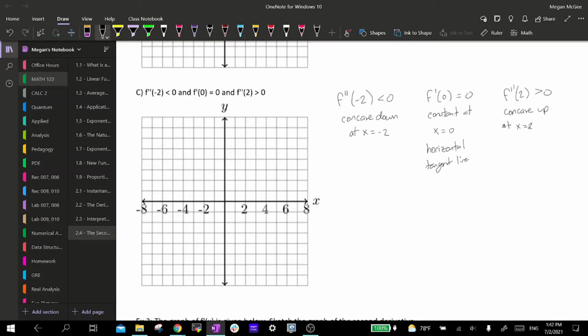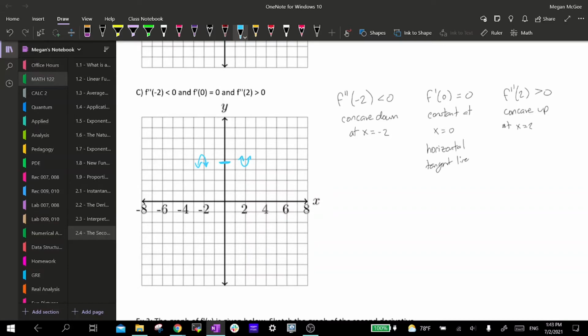Alright, so let's go ahead and fill in these blanks. Concave down at x is equal to negative 2, so we got to be down around here. Concave up at x is equal to positive 2, we got to be concave up over here. And we need to be constant at x is equal to 0.